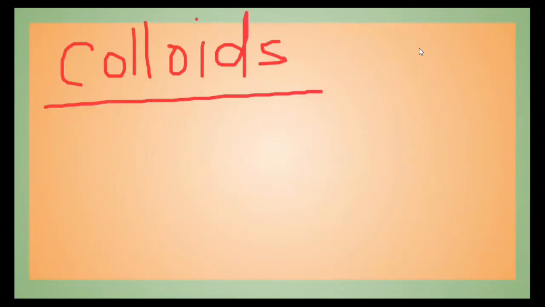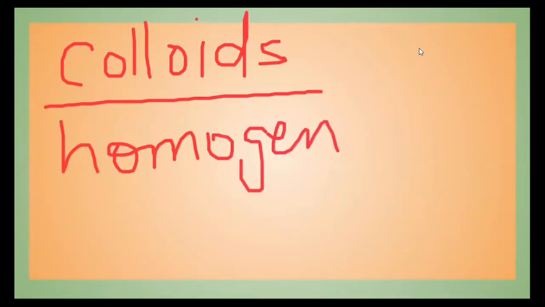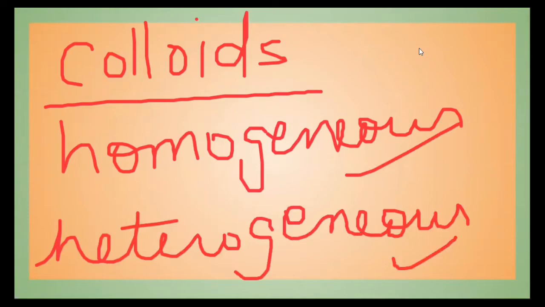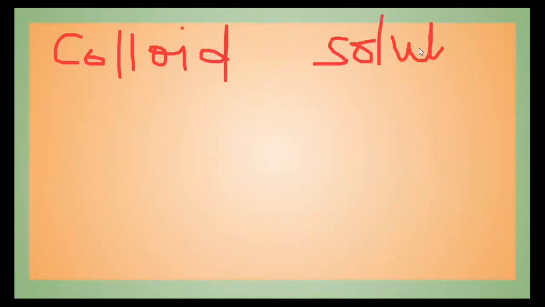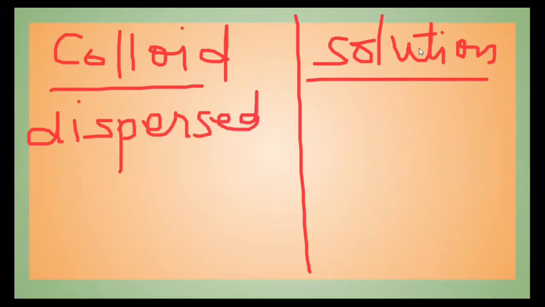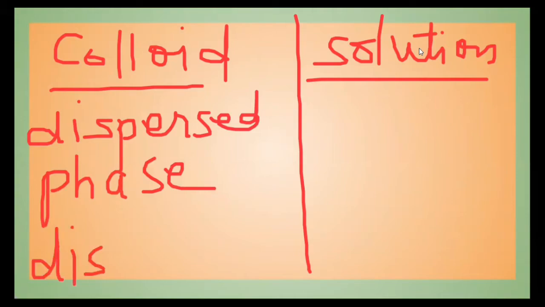They are those mixtures which appear homogeneous, but they are actually heterogeneous. Now we can compare colloids with solution. If we see a colloid on one side and a solution on the other side, then a colloid consists of dispersed phase and dispersion medium.